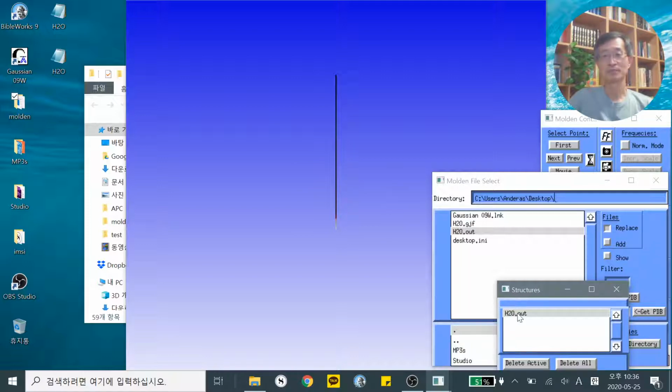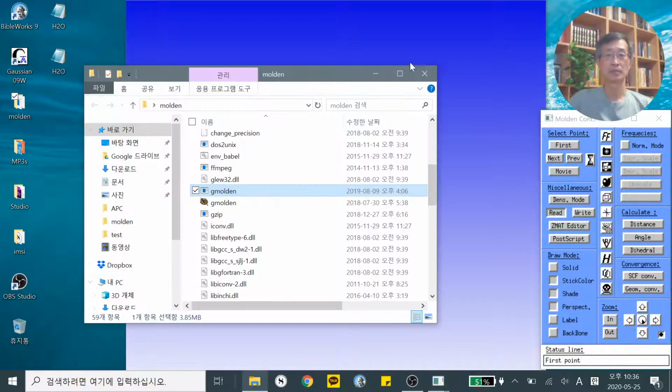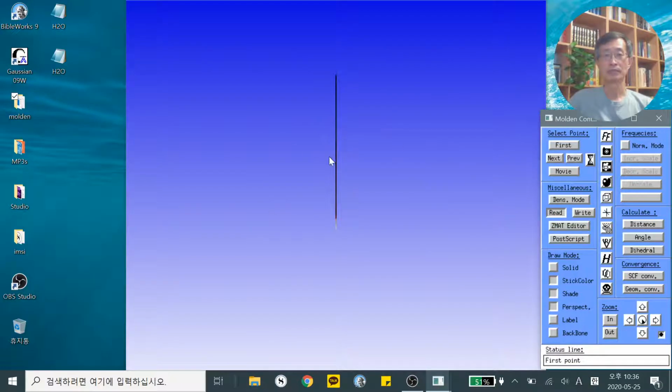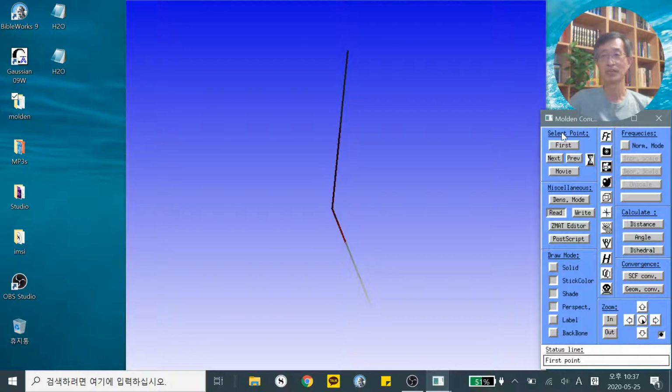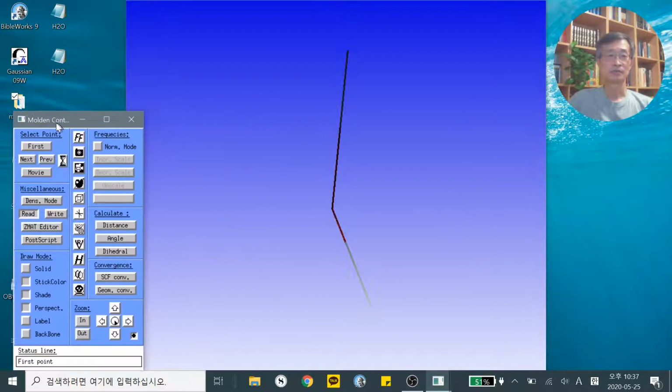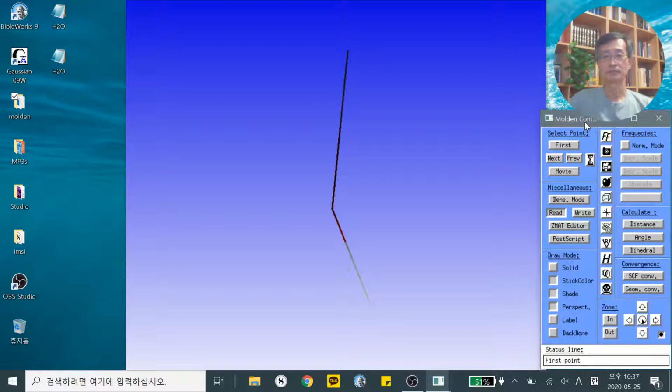So this is the output we have read. Okay, and then we don't need this anymore. I wanted to move this one instead of rotating it, but it doesn't move. Okay, that's fine, maybe it's better this way.